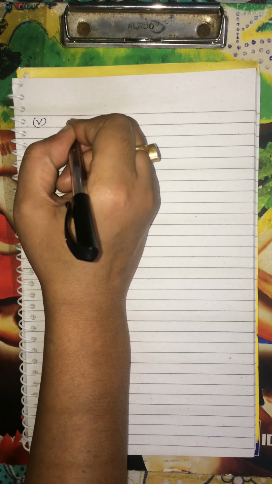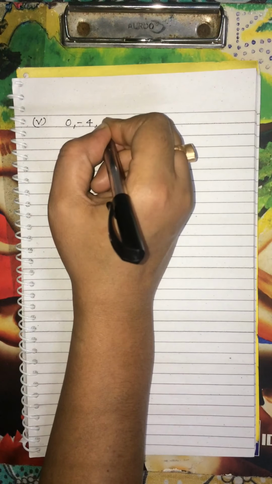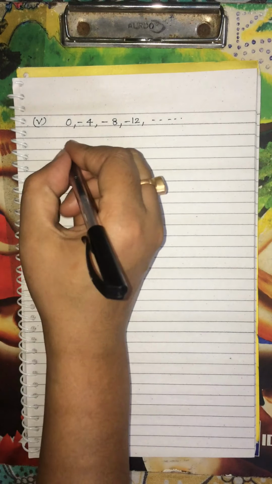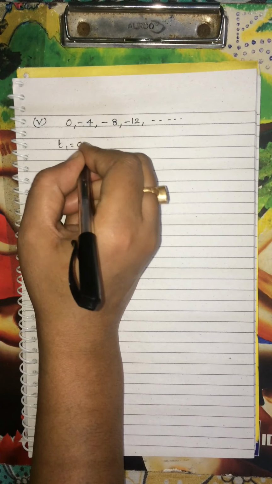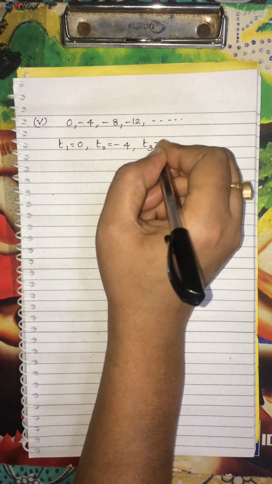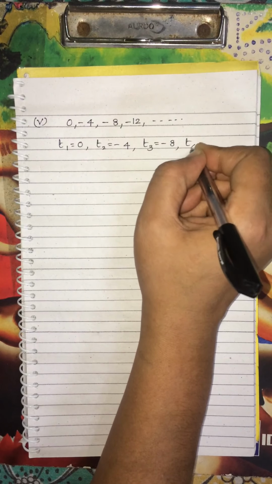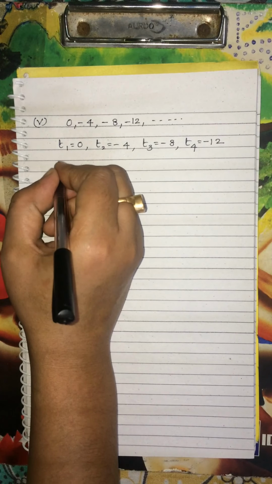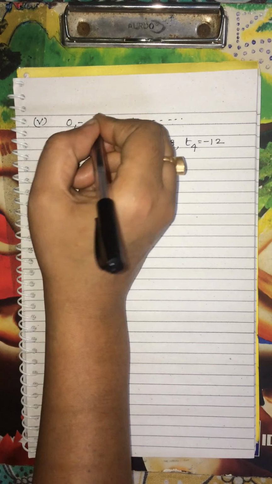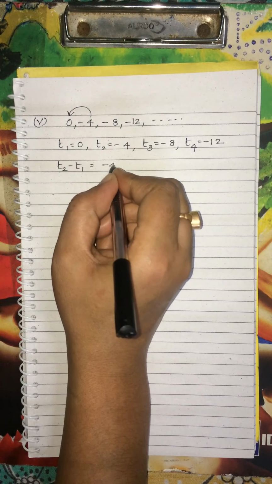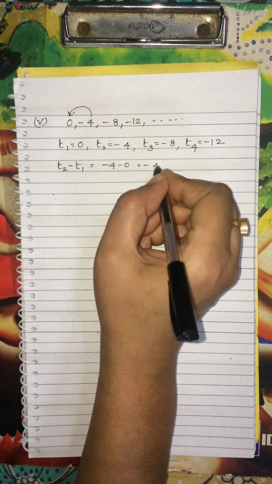What is given? See, 0, minus 4, minus 8 and minus 12. Where there is negative, be very careful with that. Write the terms. First term is 0, second term as minus 4, third term as minus 8, fourth term is given as minus 12. So the difference between two terms, the back one to the front, children. So minus 4 minus 0 gives you minus 4.